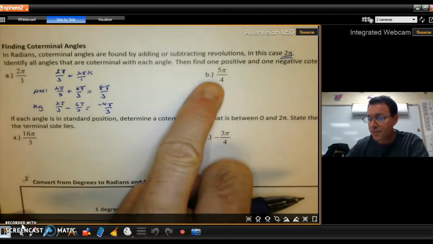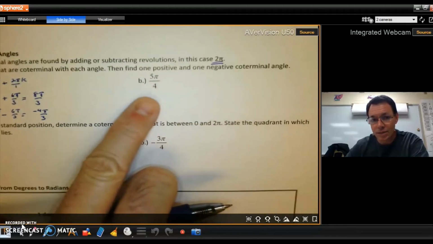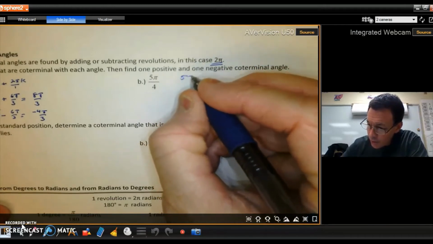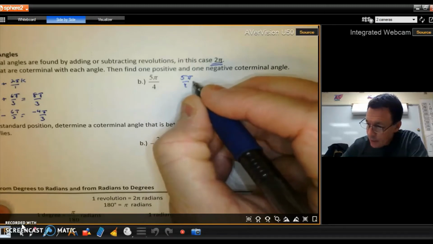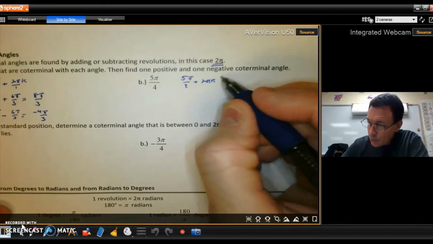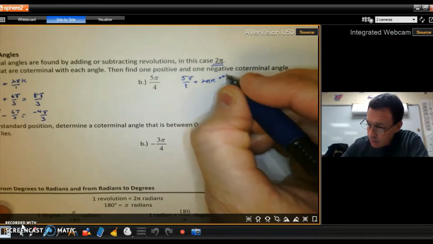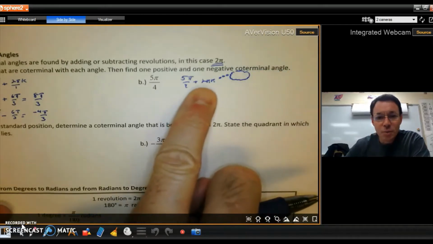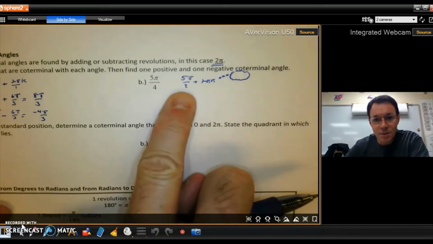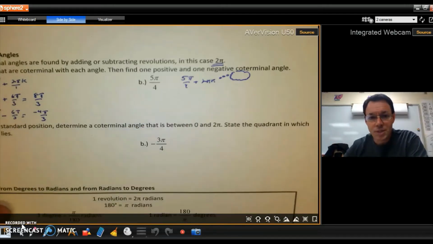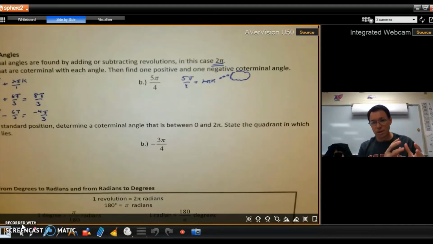So 5 pi over 4, that's the given angle. The first thing I'm going to do is write all the coterminal angles, which would be 5 pi over 4 plus 2 pi k. Now, this is my thought bubble: I'm going to think of 2 pi as a fraction that has a common denominator of 4, because in a second I'm going to add and subtract that value to the 5/4 to get one specific positive coterminal angle, and I'm going to find a negative coterminal angle.